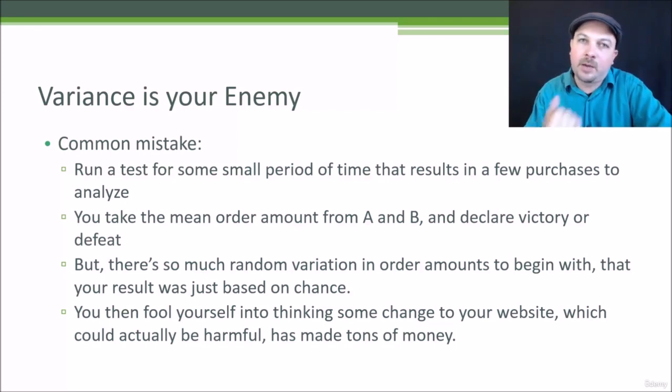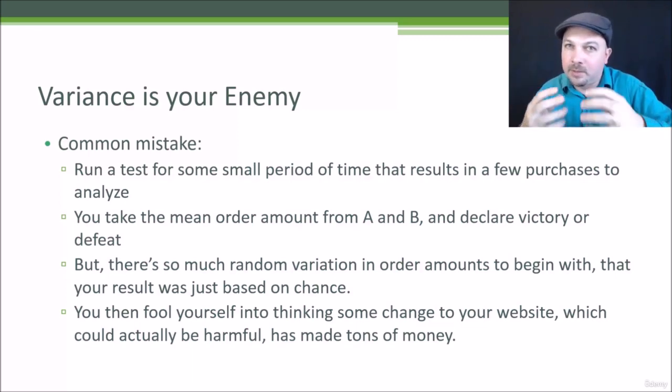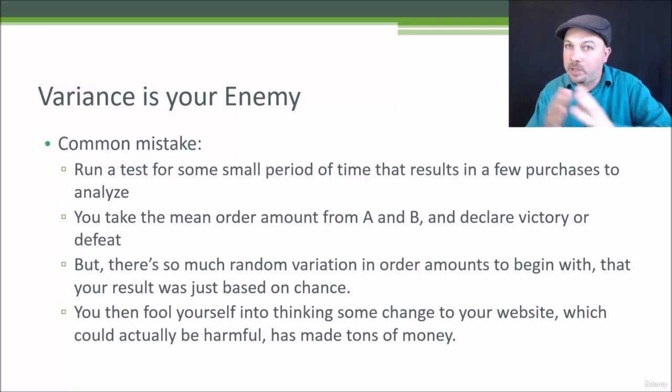But in fact, all they might have been seeing was just random variation in purchases. They didn't have a big enough sample because people don't tend to purchase a lot. You get a lot of views, but you probably don't have a lot of purchases on your website in comparison. And there's probably a lot of variance in those purchase amounts because different products cost different amounts.